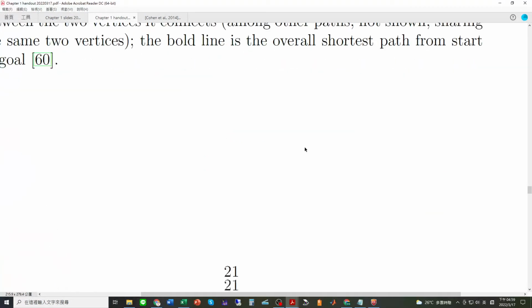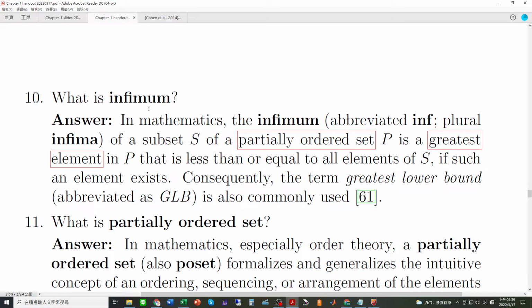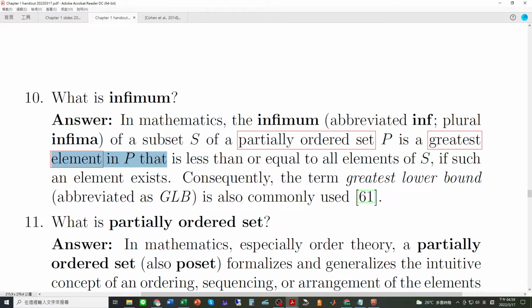So next problem. What is infimum? Answer. In mathematics, the infimum, abbreviated inf, of a subset S of a partially ordered set P is a greatest element in P that is less than or equal to all elements of S, if such an element exists.